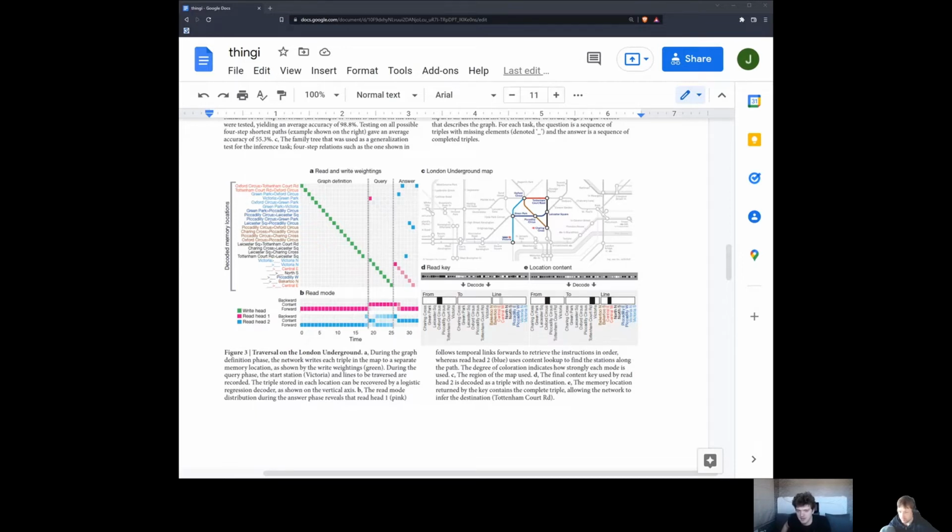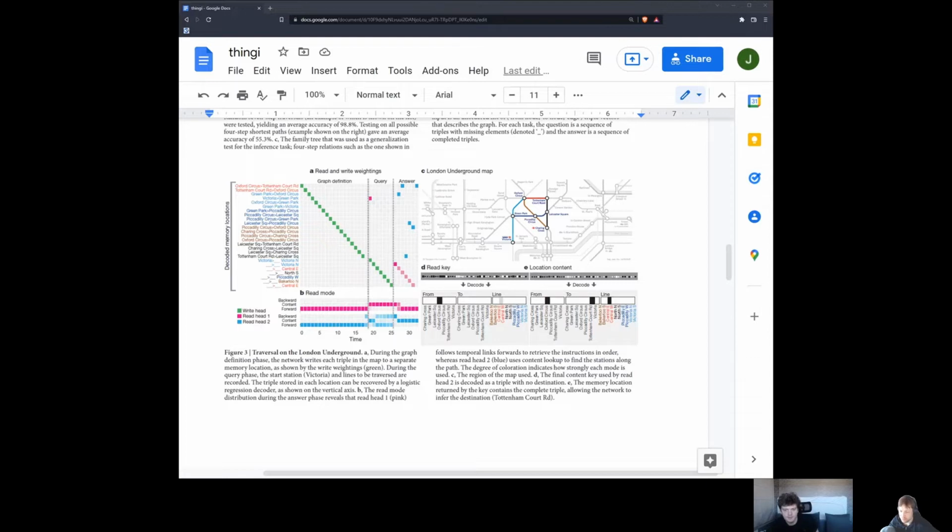So it was a very interesting visualization of the memory access, quite straightforwardly, when it's a query reading and when it's an answer from the neural network, once again reading from the other read head. So it was quite interesting to see a visualization of that. At least that's what I got from it. Did you get the same?